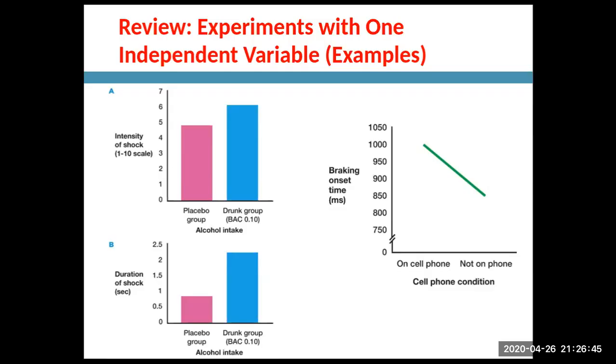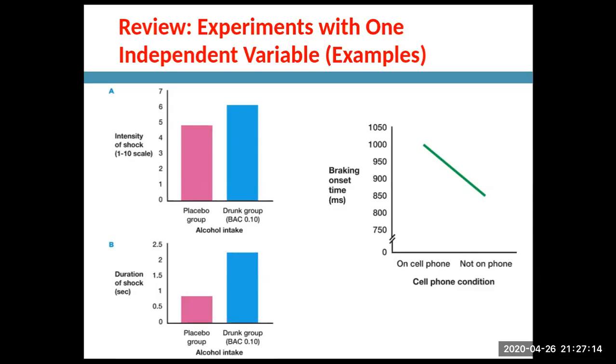So in A, they had people who drank something that did not have alcohol in it, and people that had a blood alcohol content above 0.08, considered drunk. And if we look at the intensity of shock, it looks like on a scale of 1 to 10, if you were going to shock another person, it was just under 5, about 4.5 maybe, for the placebo group. And for the group that had been drinking, the intensity was up to 6.